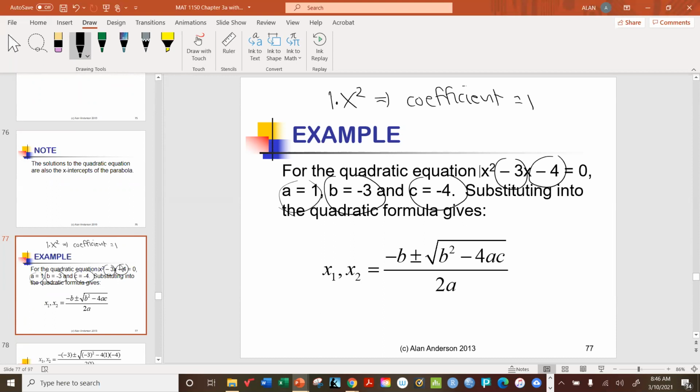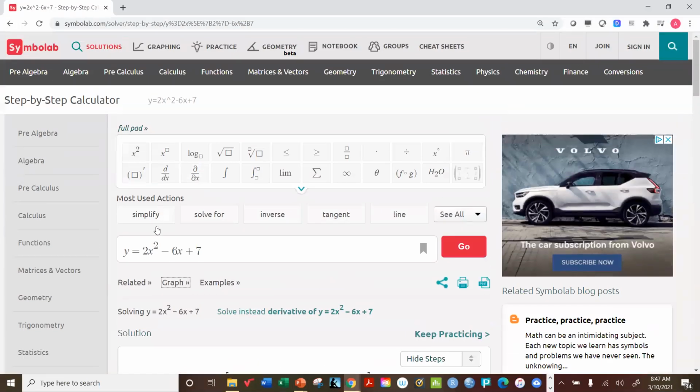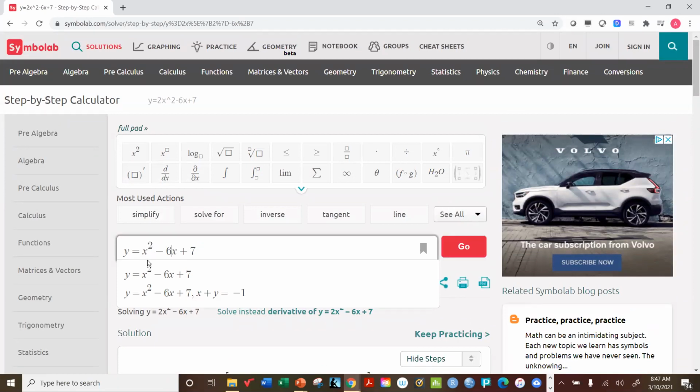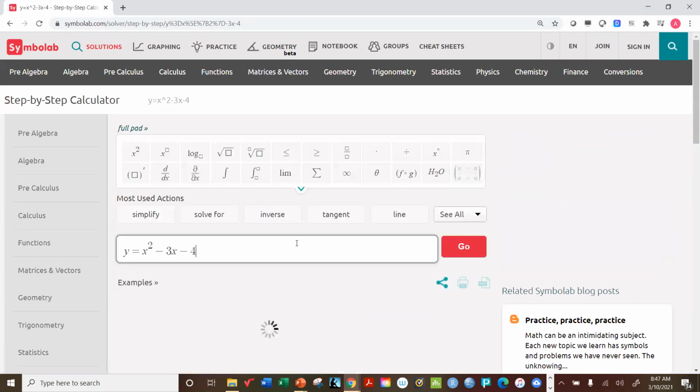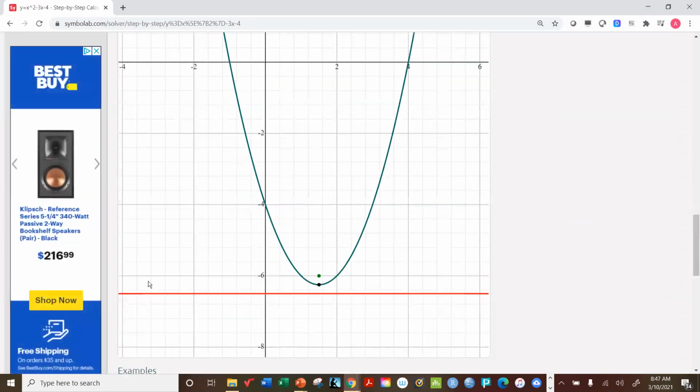Let's go take a look at this picture in Symbol Lab before we do anything, and that way we'll have a better feel for where we're going with this. X squared minus 3x minus 4. Nice, you'll see it's a very nice graph.